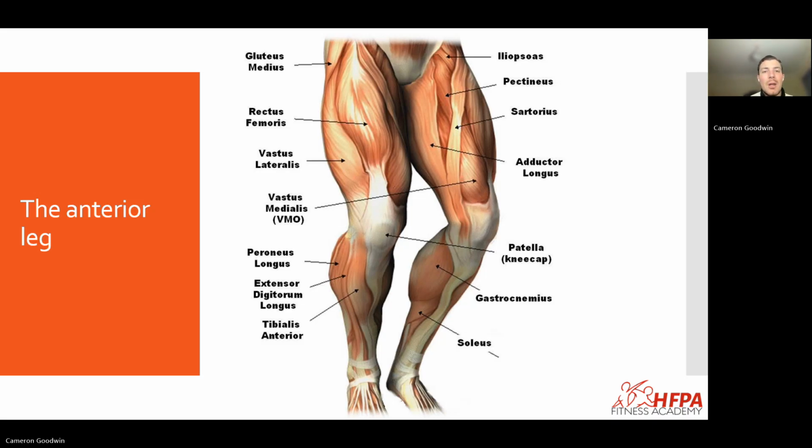And when you think of the quadriceps, you can then start to look at them and think of what they're going to do. Now, when you think of how they're going to function, it's not just always about doing a leg extension, right?